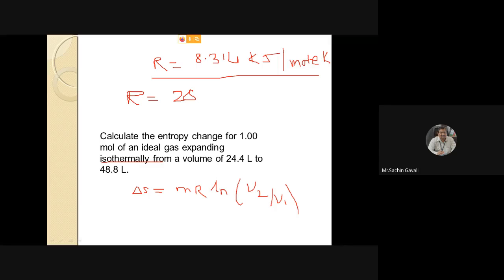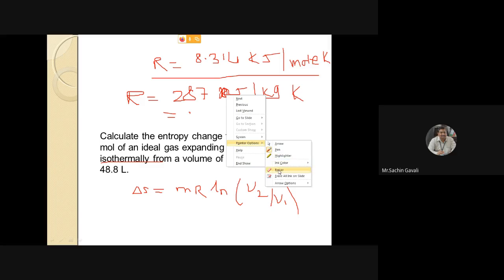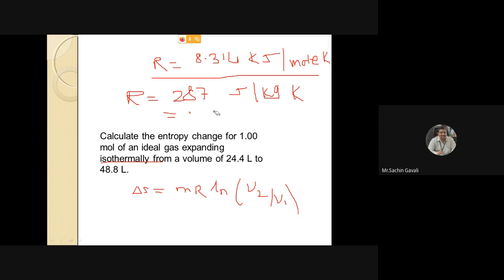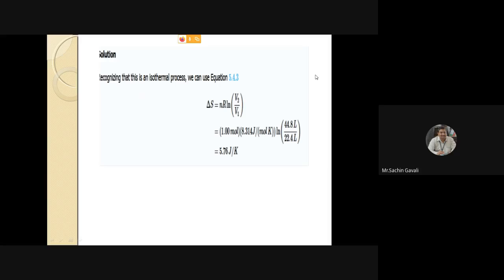287 joule per kg Kelvin. This everybody has to note in the notebook.